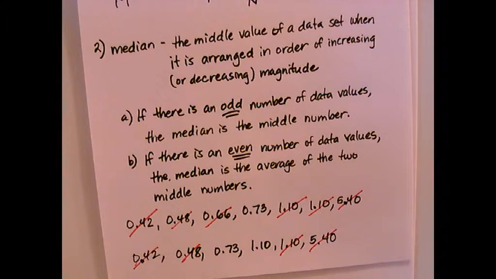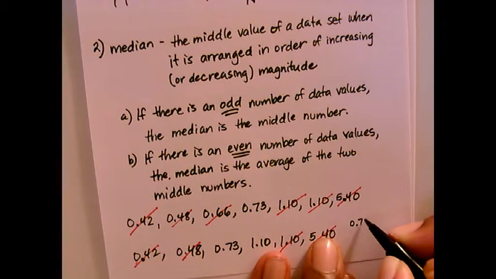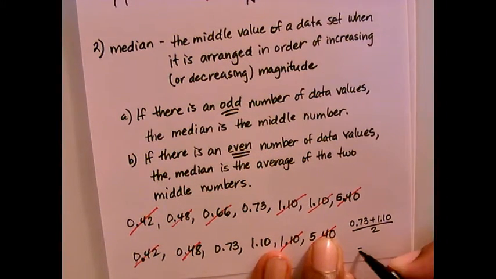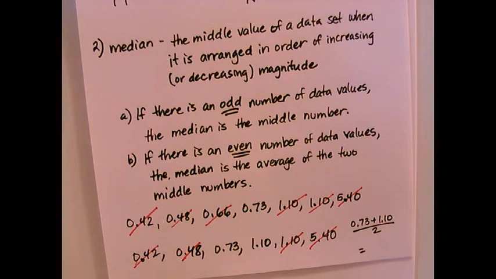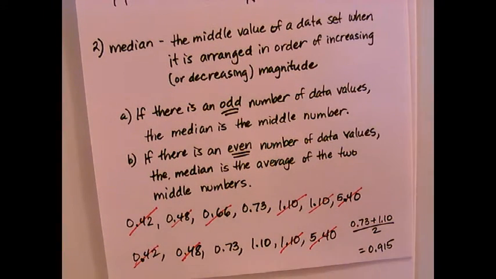So 0.73 plus 1.10, that will give you 1.83, and divide that by 2, you'll get 0.915. So the median of this set of data is the average of the two middle numbers, which in this case is 0.915. Okay, so that's how you find the median of a set of data.